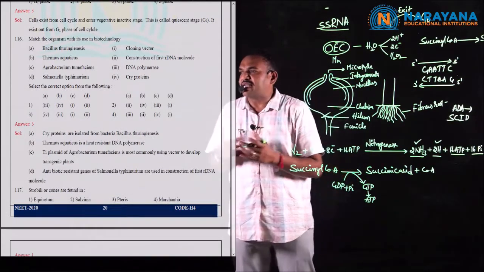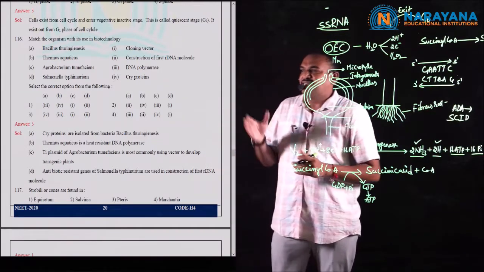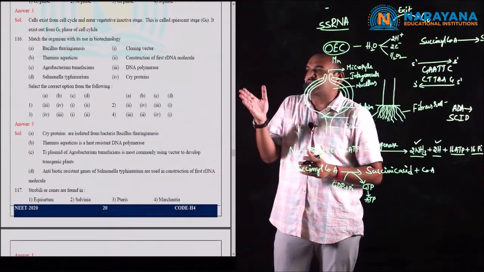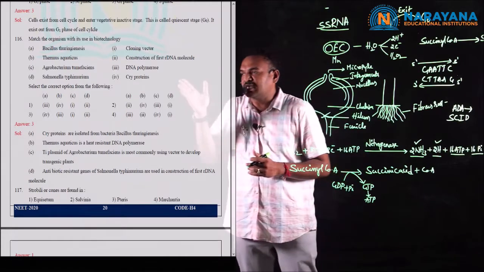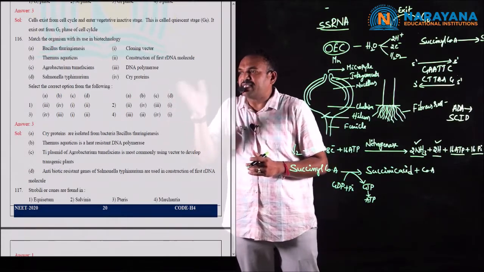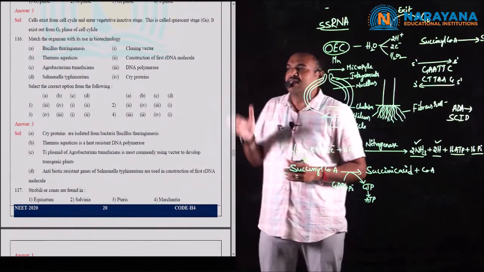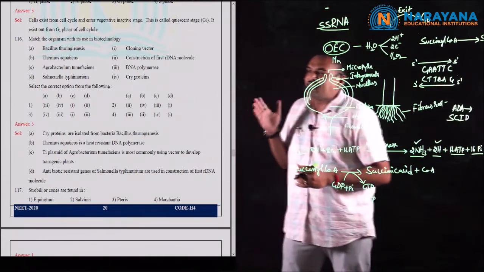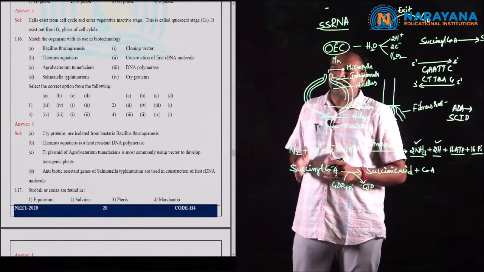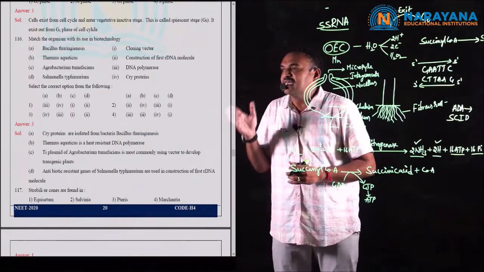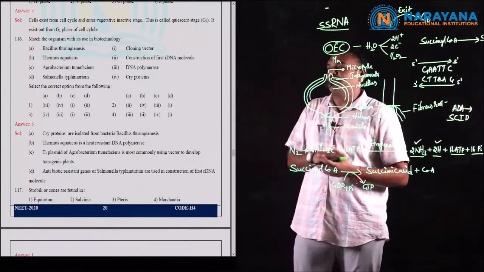Match the organisms with their use in biotechnology. In column A: Bacillus thuringiensis, Thermus aquaticus, Agrobacterium tumefaciens, and Salmonella typhimurium.